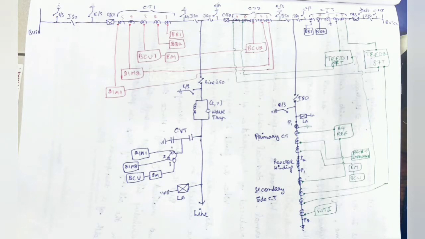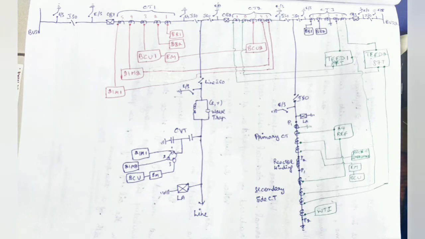Then coming to the reactor protection, the reactor comprises primary and secondary CT. In between, the reactor winding is protected by using the REF protection. Then the backup impedance is taken on another CT.